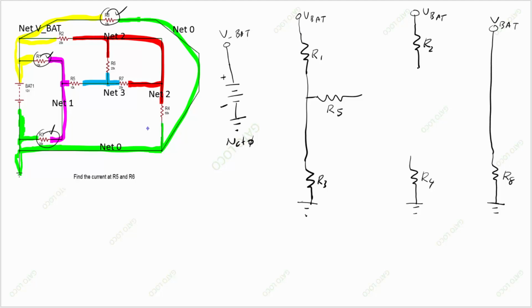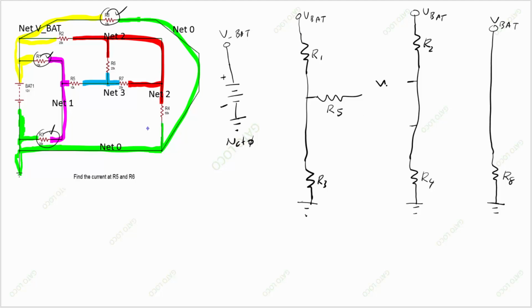Oh, we can just connect this to here, and in between R2 and R4, it seems I have connections to R6. Look, I got connections to R6 here. And R4, on the same net, connects to R7.